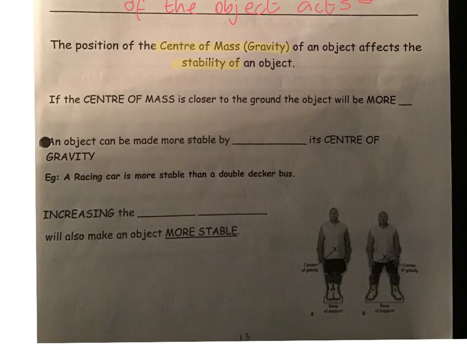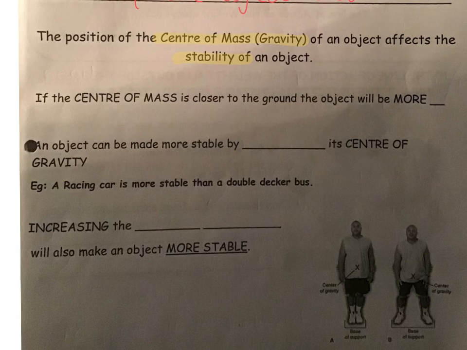So if we just move down the page just a second. If the centre of mass is closer to the ground, the object will be more stable. An object can be made more stable by two things, okay? So the first thing is that you can lower its centre of gravity.